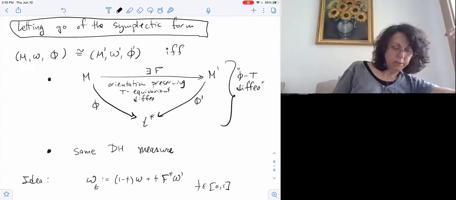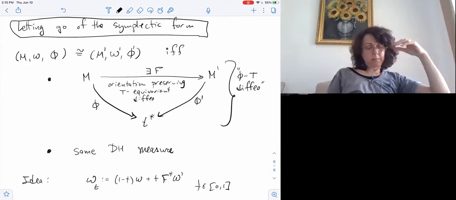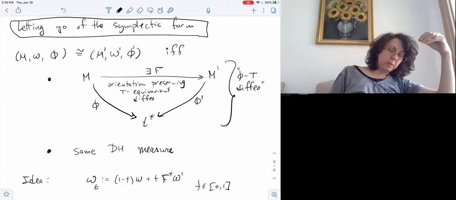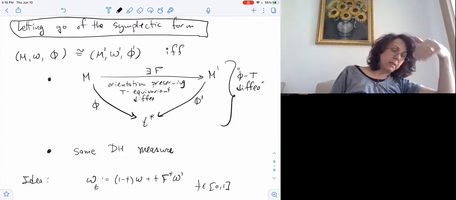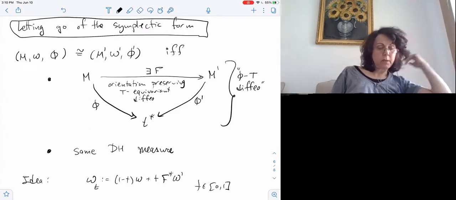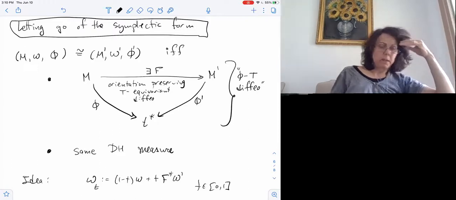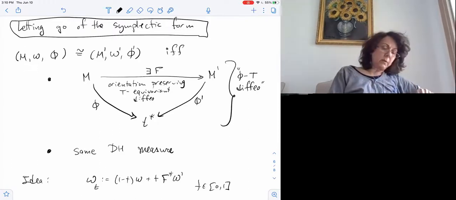Yes, absolutely. But the point is, if you know the torus action, that actually determines, and in this first of the two lemmas, we are keeping track of the torus action and the momentum map, and that already determines the entire Duistermaat-Heckman measure everywhere up to a global constant.